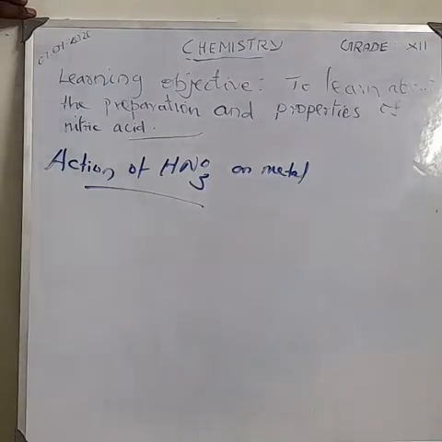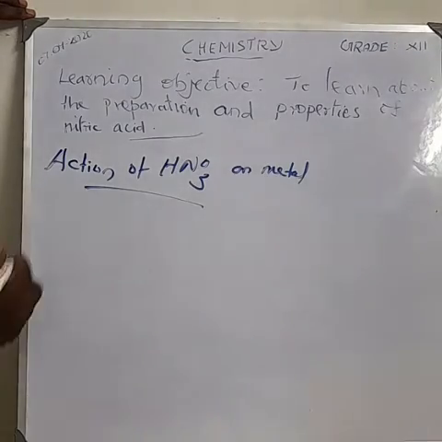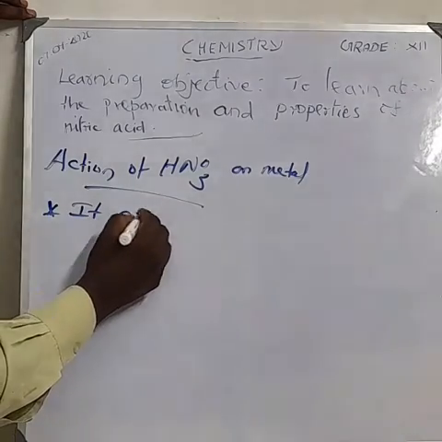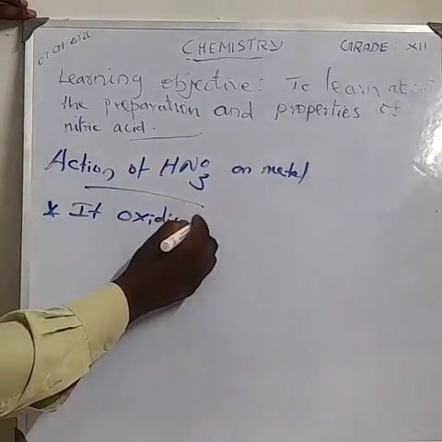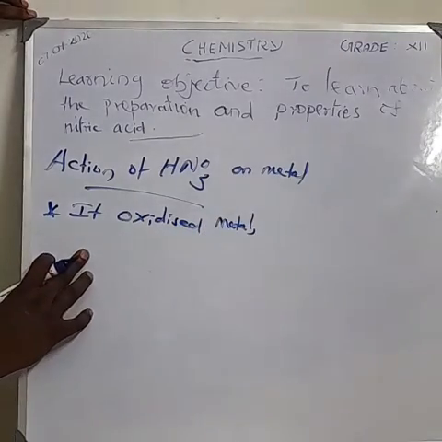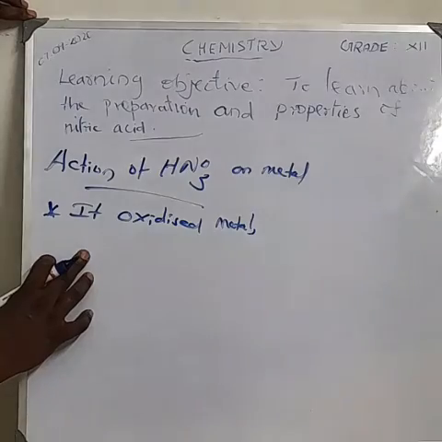Here we are taking all metals except some, that is gold, platinum, etc. Nitric acid oxidizes the metal. That's the first point: nitric acid oxidizes metals. And also, some of the metals such as aluminum, iron, nickel, etc.